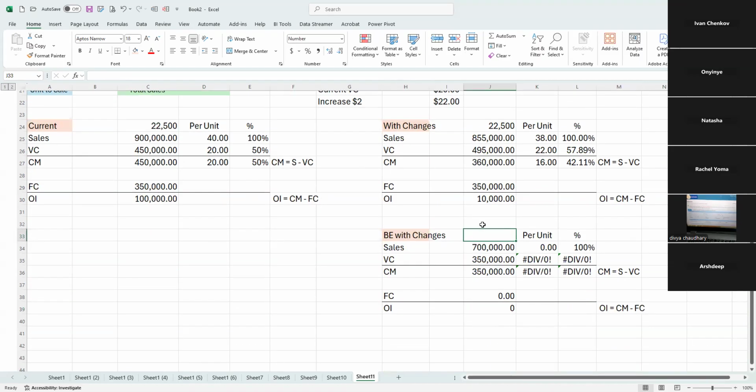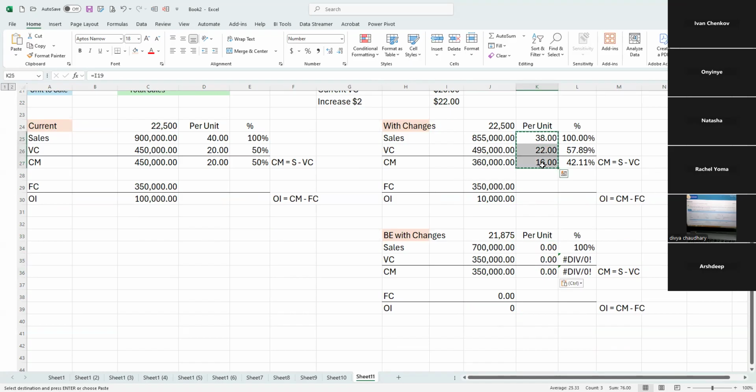How many units do we need to sell now? My new break even here will be 350 divided by 16, correct? So now I need to sell 21,875 units. Make sense?